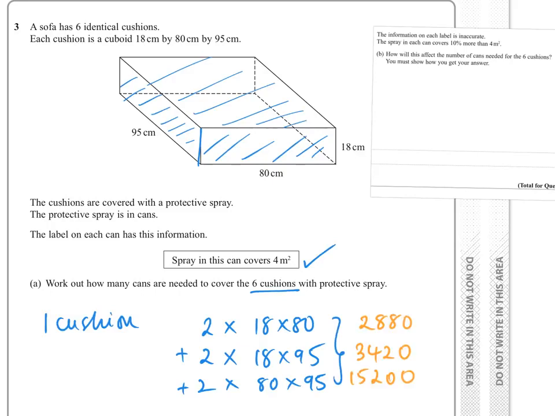So I've worked out each of those individually, and now I'm going to add them all up. 2,880 plus 3,420 plus 15,200, and that is 21,500 centimetre squares.